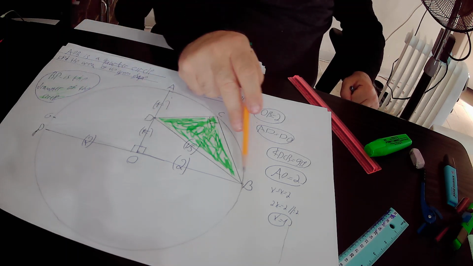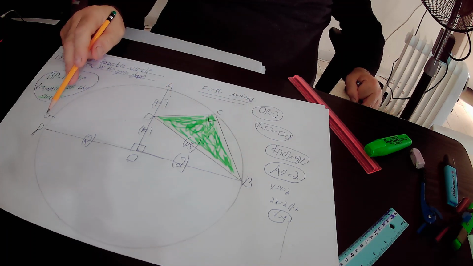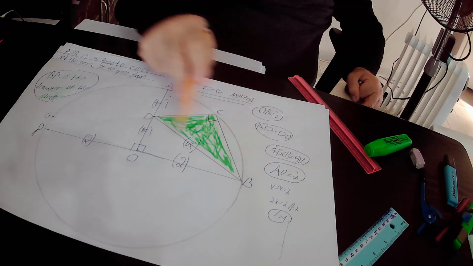Why is chord BG not the diameter of the circle? Because from point B you can have only one diameter. We have already found out that from point B we have the diameter BP. So any other chord from point B will not be the diameter of the circle, therefore BG is not the diameter.